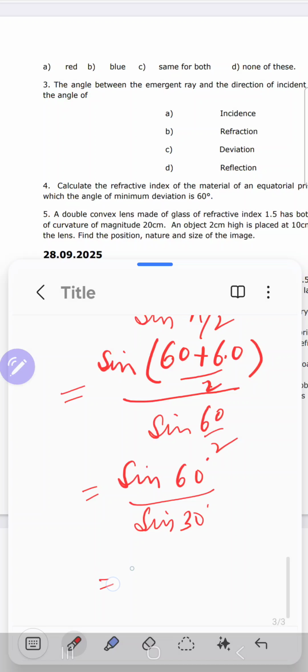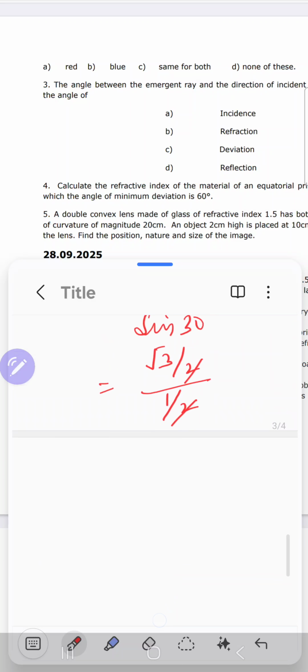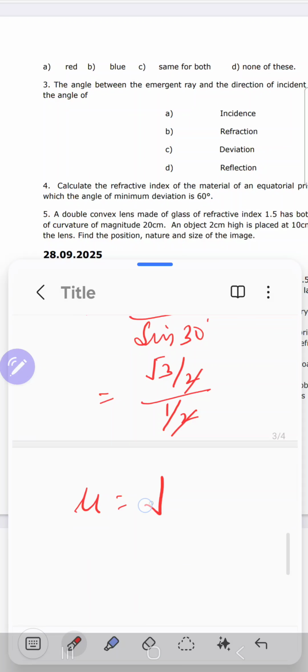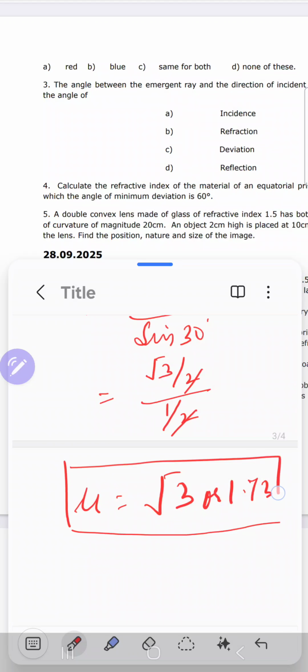Sine 60 is root 3 by 2, sine 30 is 1 by 2. So the 2 cancels and mu is root 3, or 1.73. This is the value of the refractive index of the material of the prism.